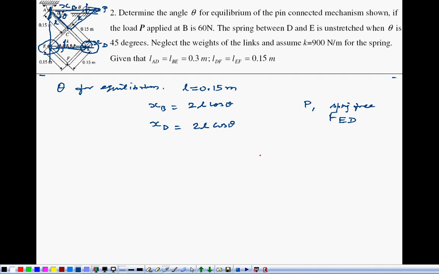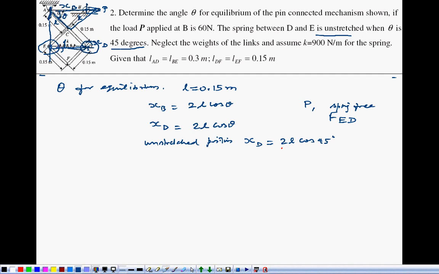Okay, now there is one more piece of information given over here. It says at 45 degrees the spring is unstretched, right? And therefore if I substitute for 45 degrees, the unstretched position of XT is equal to 2L cos 45 degrees, right?